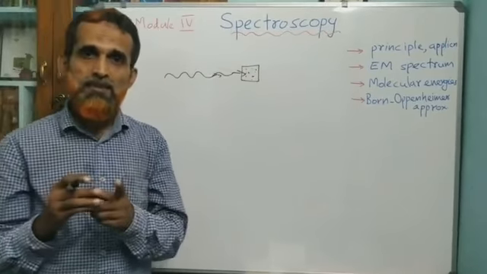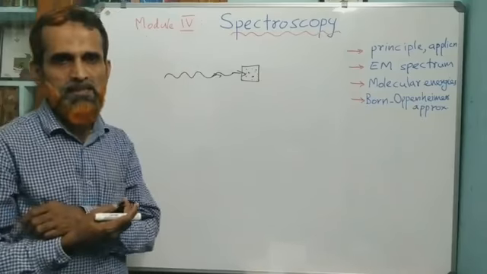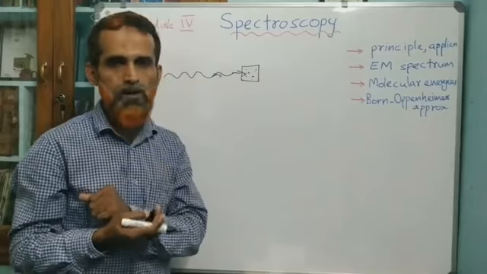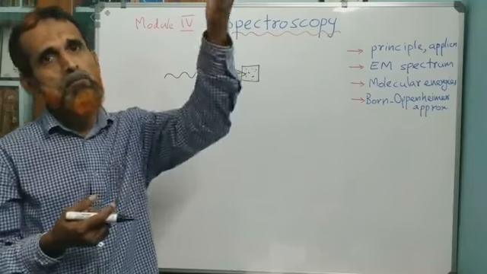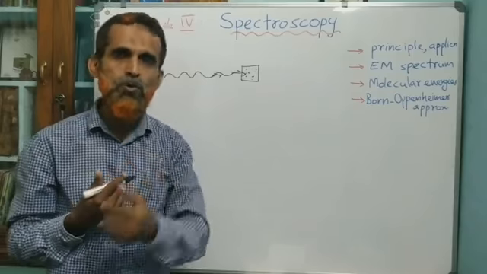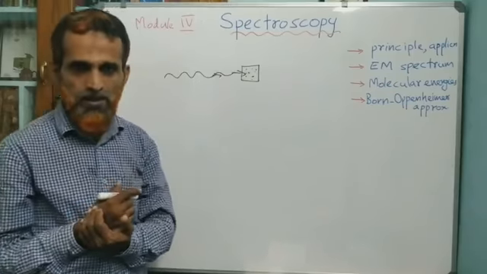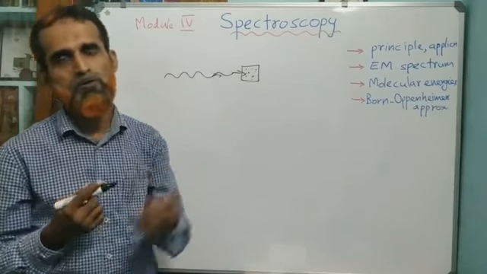Due to that, absorption of certain wavelengths takes place. Radiation may get absorbed by the molecule and it can get excited. Sometimes the excited molecule gets de-excited and emits radiation. So there can be two types of spectroscopy. One is absorption spectroscopy, the other is emission spectroscopy.